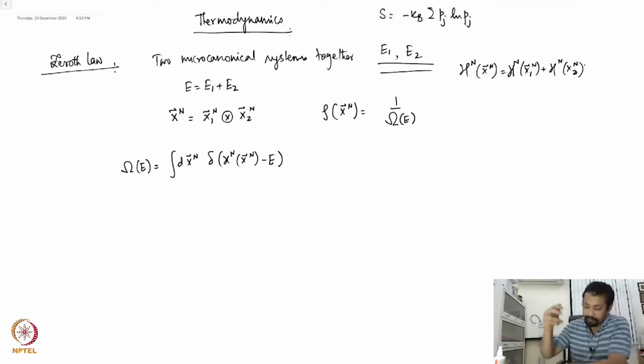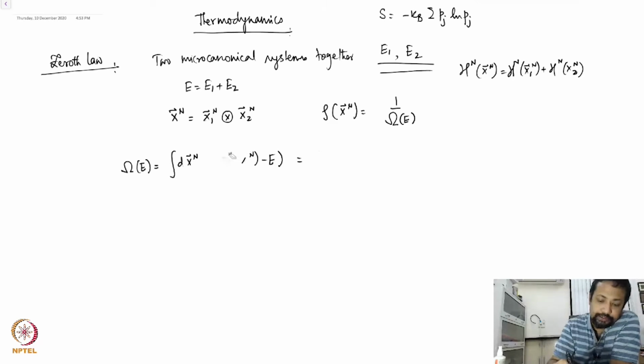Correct? So let us rewrite this carefully. This is dx1n dx2n delta of hn xn minus E, right?